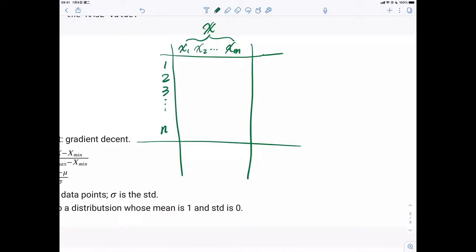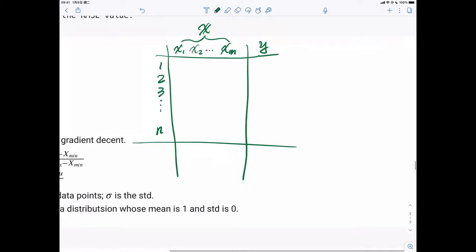You use those features to describe a data set, and we have a target Y right here. The model means we use a big X to describe the relationship between your features and the target Y.